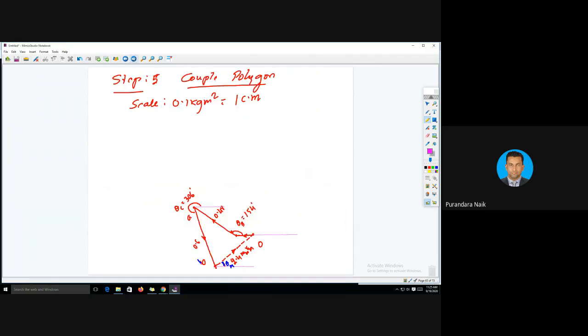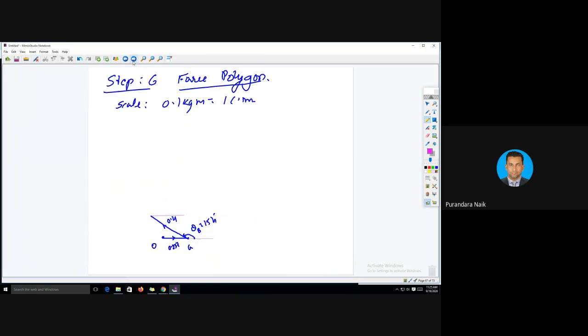What is the angle? 0.2 angle 51 degree. Take 51 degree. 0.2 means 2 centimeter. This is the point. Next, you draw the reference line. This point is A, this point is B, this is C.